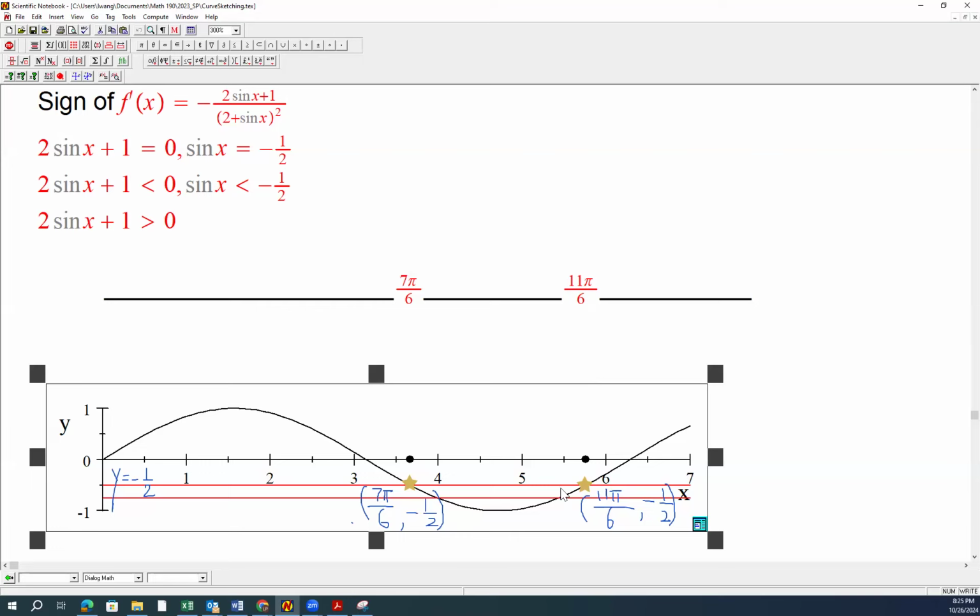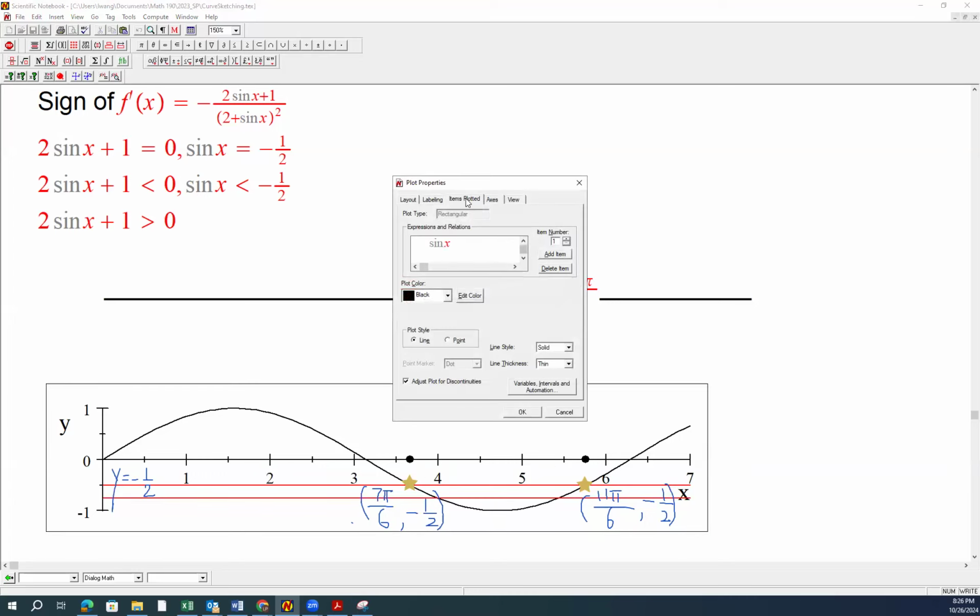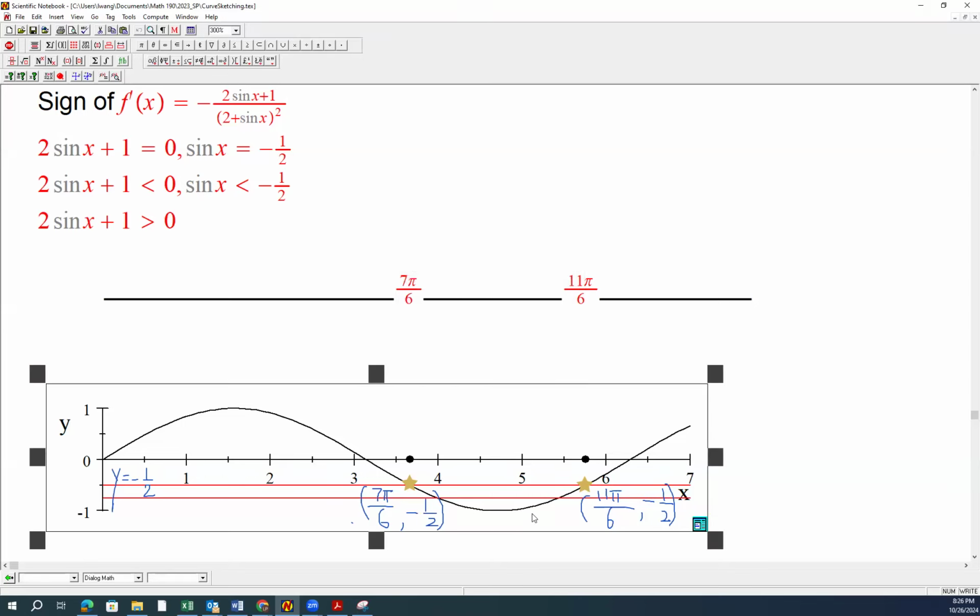Those angles are obviously between 7 pi over 6 and 11 pi over 6, because all of these are below. Okay, I'm going to mark it. Let me draw 7 pi over 6.